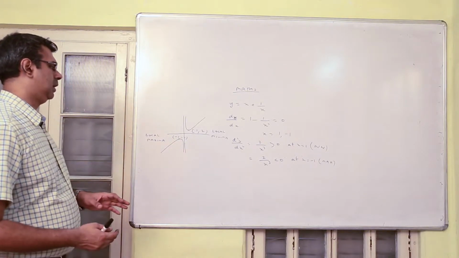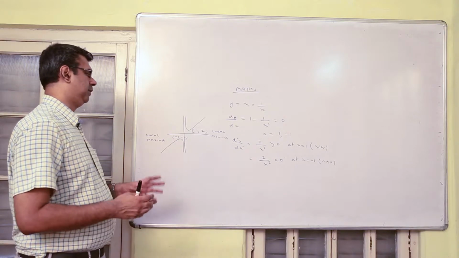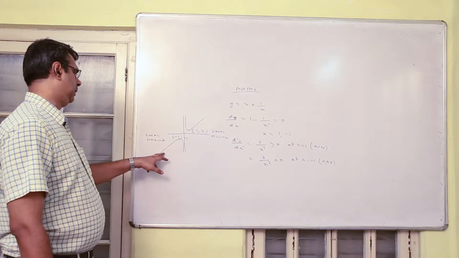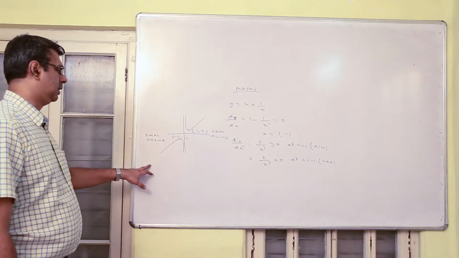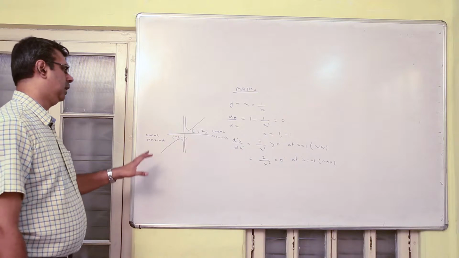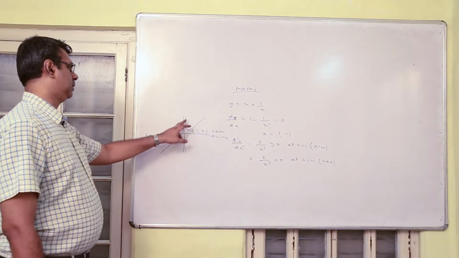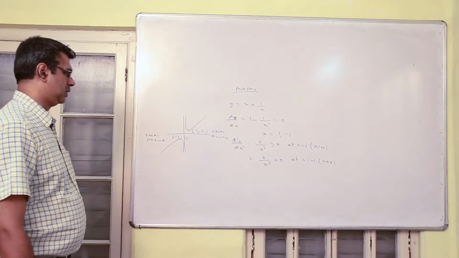So you have to understand that local is different from global. Global minima in this graph will be minus infinity, because you can see the graph will go down to minus infinity. Global maxima will be positive infinity, because you can see the graph is going up to positive infinity.